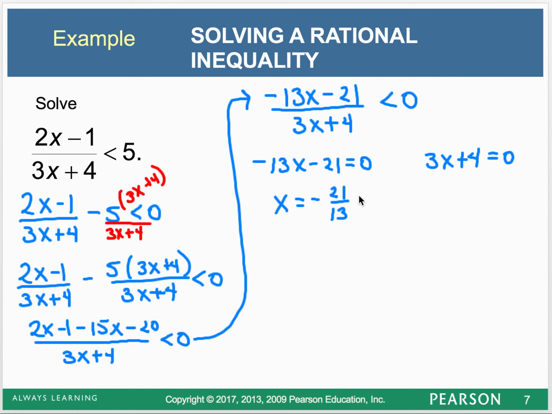I want to know for my number line where I need to place this. That is negative 1 and what, 8/13? I don't have to work with these actual fractions. I can pick a whole number in between them. And then this is x equals negative 4/3. Oh, I might have to work with them. Negative 4/3, negative 1 1/3.